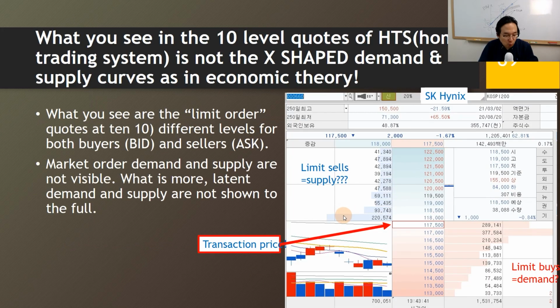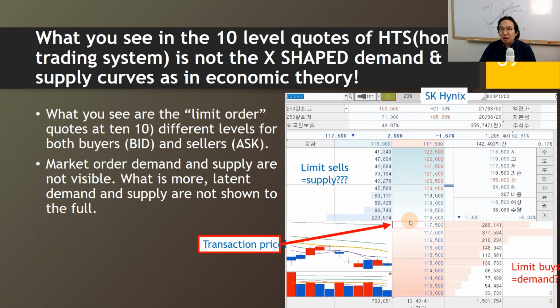Well, some of you, the Korean students who used to buy and sell stocks on a home trading system like 키움증권 or something, each time you buy and sell stocks, you see this kind of quote window, right? And you may question, isn't this the demand curve and supply curve that we see every minute?